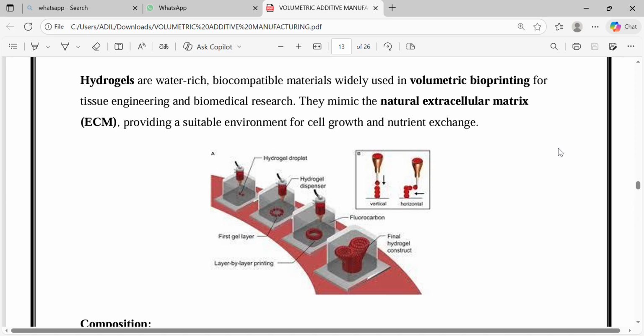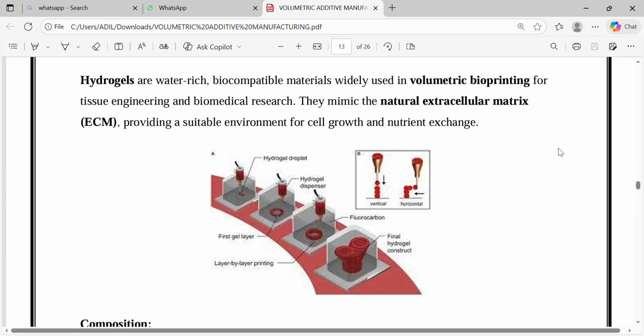The breakdown of the components is the process overview. The diagram illustrates layer by layer printing of a hydrogel construct. Key components include the hydrogel dispenser, hydrogel droplet, fluorocarbon, first gel layer and subsequent layers forming the final hydrogel construct.